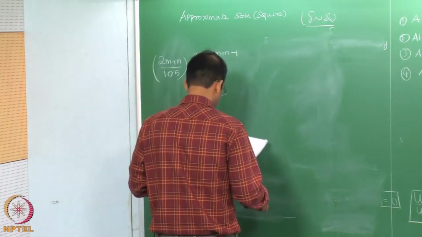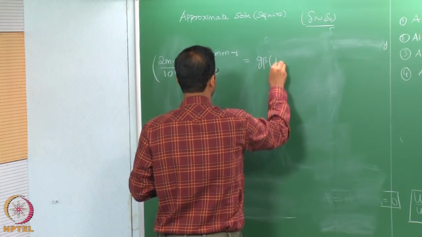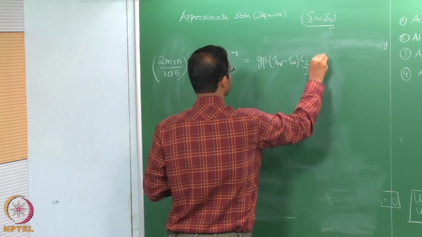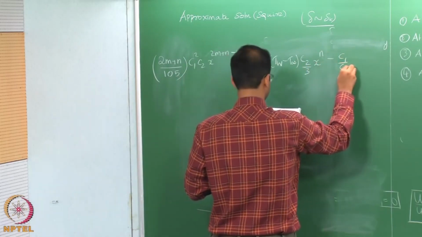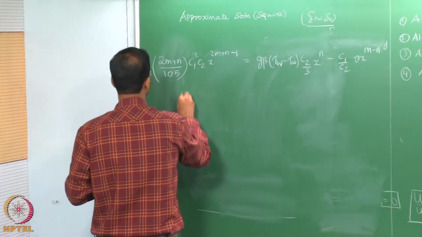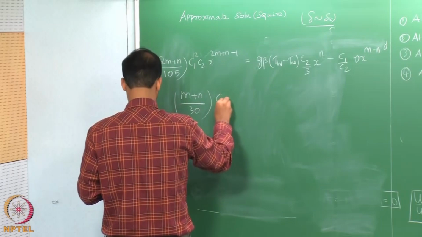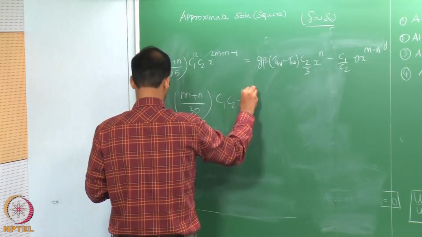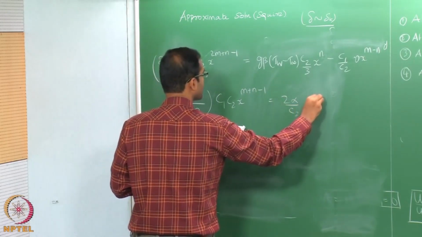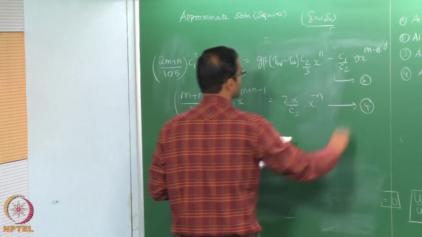So, that has to be equated the same on both the sides. So, equation 1 becomes 3 and 2 becomes 4.